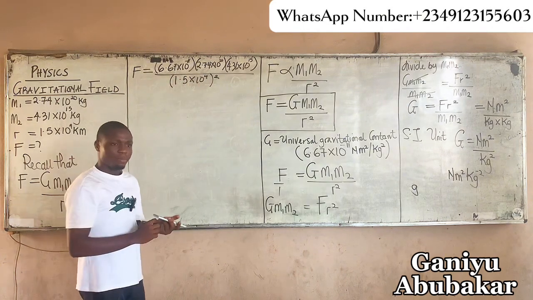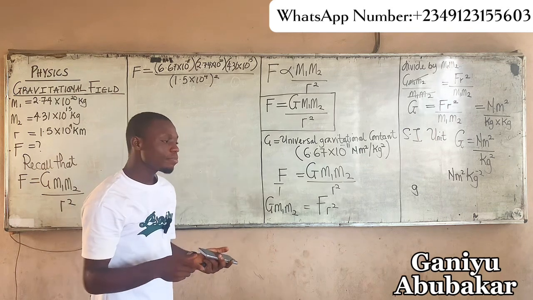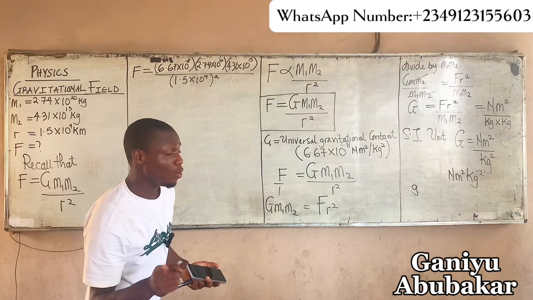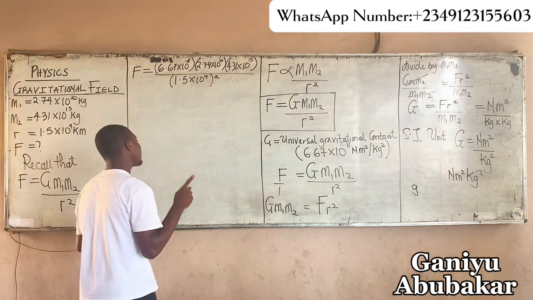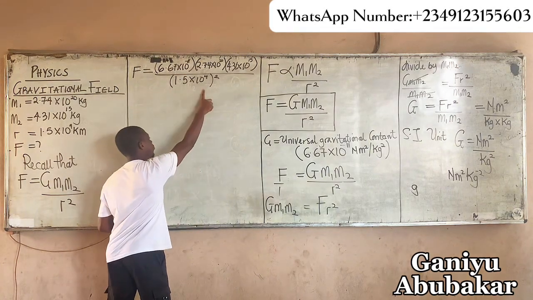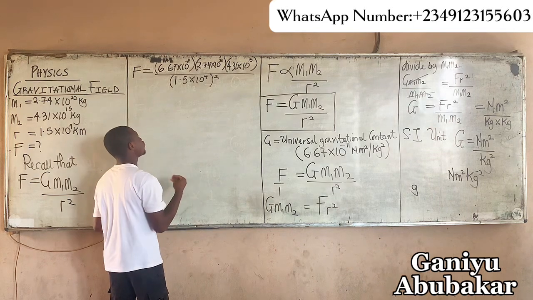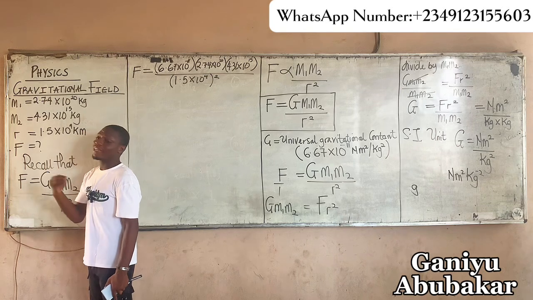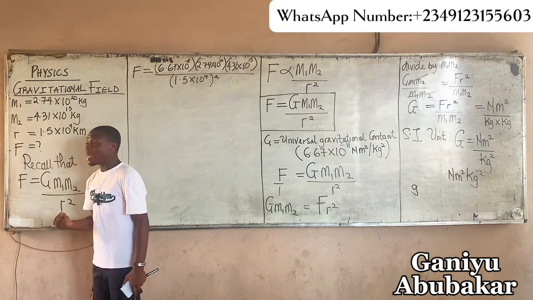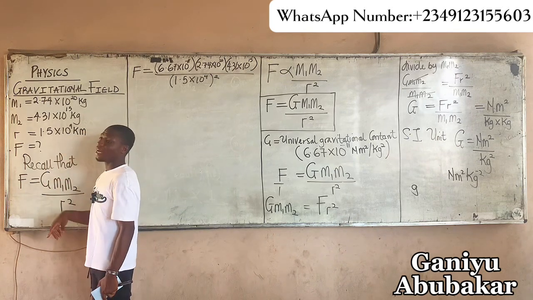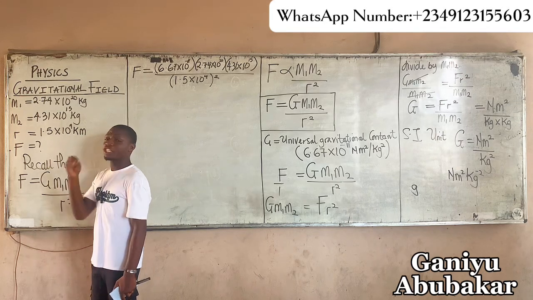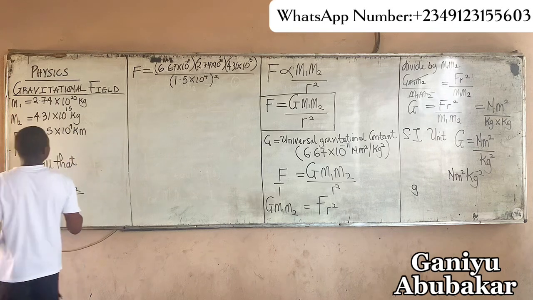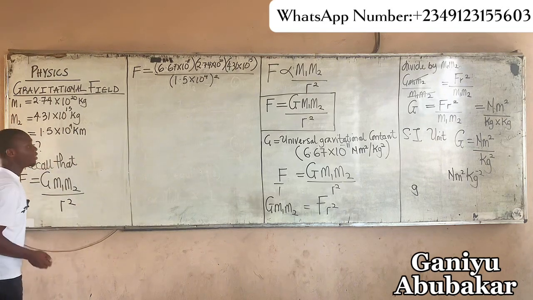Here is the concept. Actually, I made a mistake. I shouldn't have written this value this way. Why? Because r is distance, and our distance here should be in meters, but I'm given this in kilometers. So I have to convert kilometers to meters, and we know that kilo is 10 to the power 3.